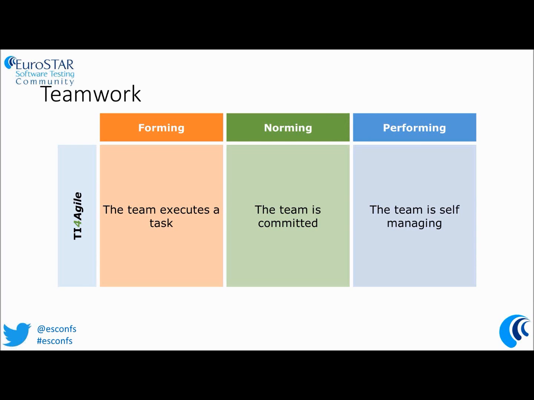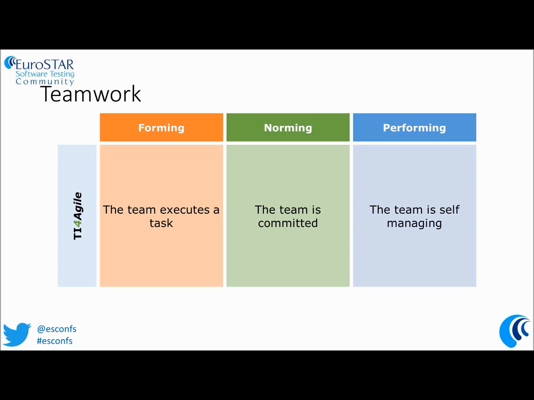So the first level of teamwork is actually a team executing a task. They get a task, they do a task. And if we go one level higher, then the team is committed. They, as a team, are committed to do the task in the right way.